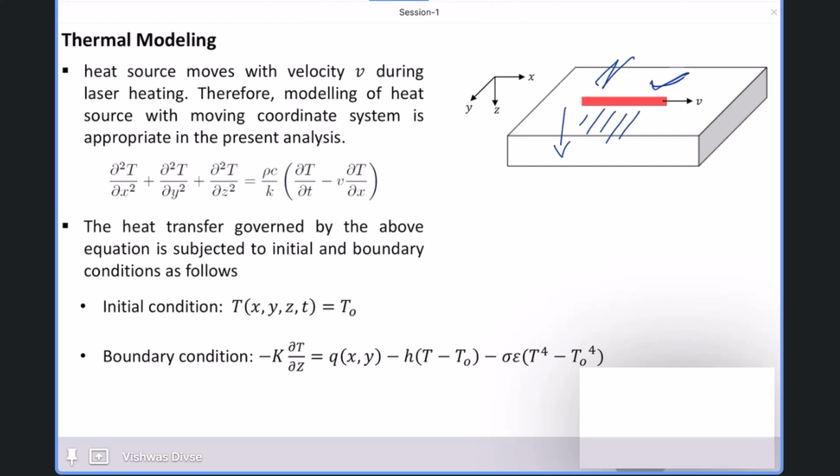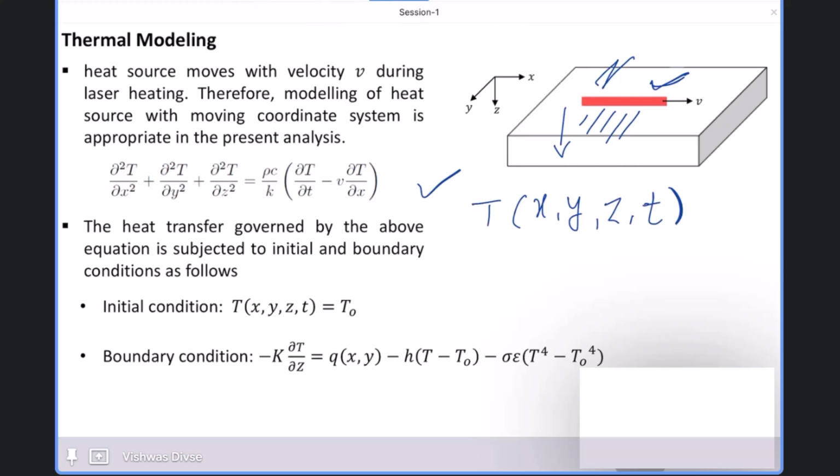I should consider this 3D heat equation so that my temperature is a function of, and that too transient, it's not a steady state. So my temperature will be function of x, y, z and t, time.